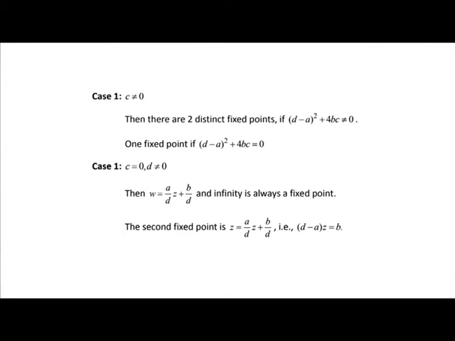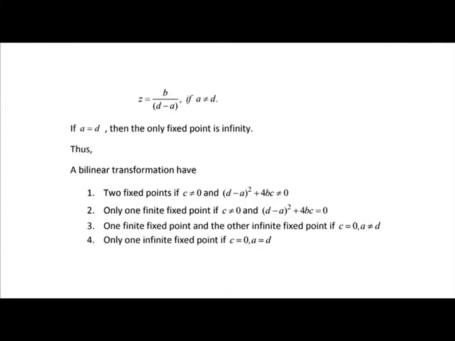Now, if c is equal to 0 and d is not equal to 0, then the transformation reduces to w is equal to (a/d)z plus b/d, and here infinity is always a fixed point, and the second fixed point is obtained by putting z equal to (a/d)z plus b/d, which is (d minus a) into z is equal to b, that is z equal to b/(d minus a) if a is not equal to d. If a is equal to d, then the only fixed point is infinity.